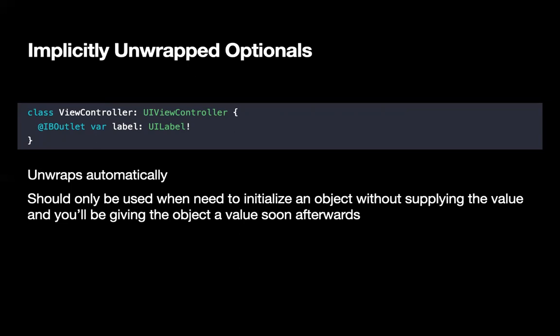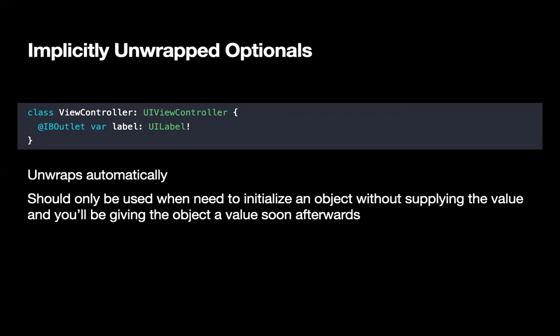For example, if you have used Interface Builder to create outlets so that you can access a particular piece of interface in the code, using the syntax: class ViewController, UIViewController, at IBOutlet var label equal to UILabel.